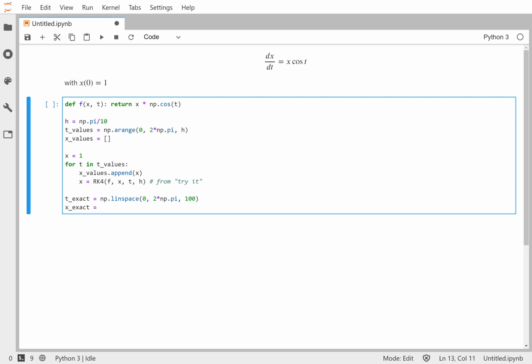This particular differential equation has an analytic solution, which you should have worked out in an earlier assignment. The analytic solution is e to the sine t. So in this case, we'll make t exact, and for all the time values, we'll get an array of x values.